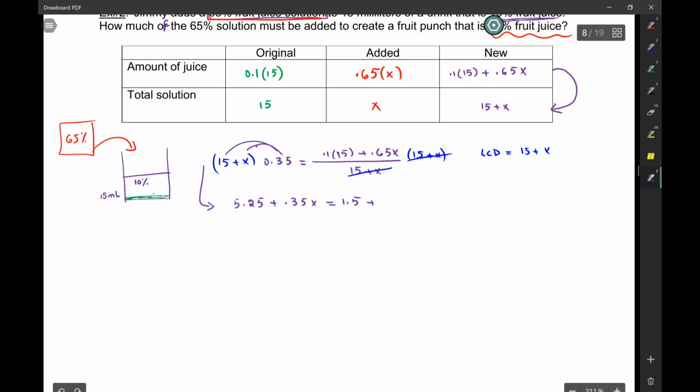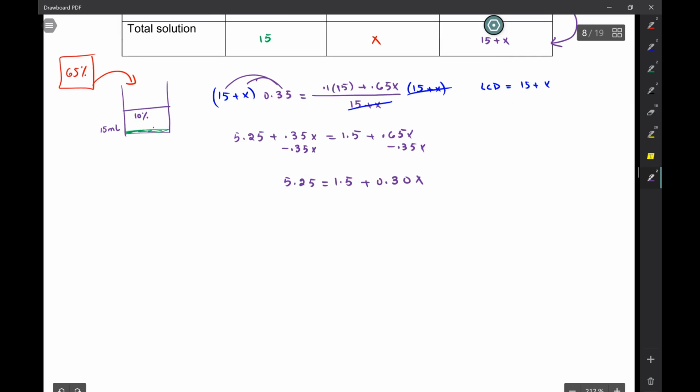I'm just multiplying, like from here to here. Sorry, this was supposed to be 0.65x. So let's subtract 0.35x. I get 5.25 is equal to 1.5 plus 0.30x.